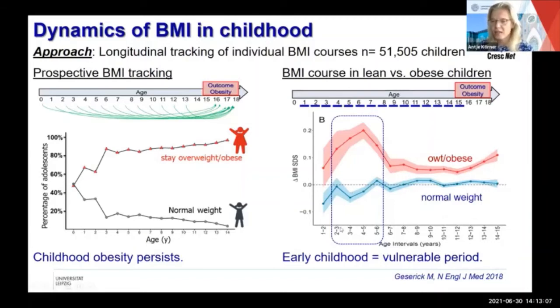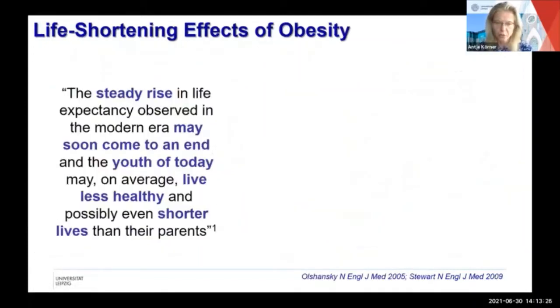And you clearly see that early childhood, between 2 to 3 and 6 years of age, is the age where obviously the highest increase in BMI occurred in those adolescents who have obesity. And this is actually something that has profound consequences.